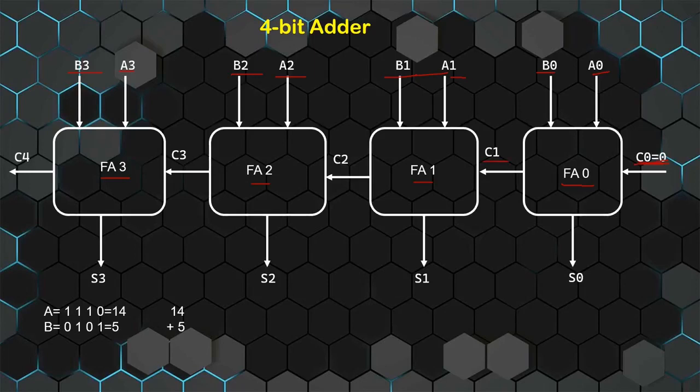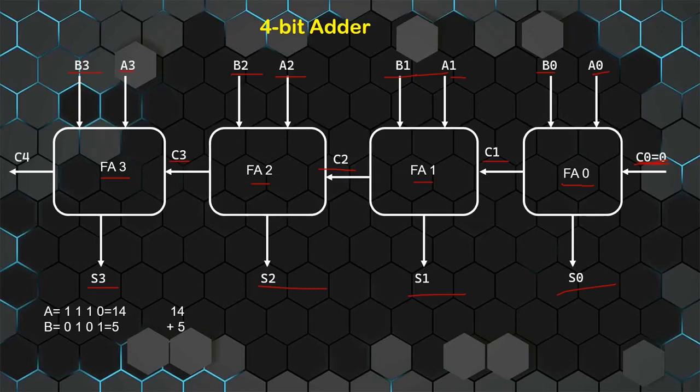C out of FA0 is considered as C in of FA1 and the same is carried out. C out of FA1 is taken as C in of FA2. Likewise, C out of FA2 is considered as C in for FA3 and S0, S1, S2, S3 are the outputs of sum of these A0, B0, A1, B1, A2, B2 and A3, B3.